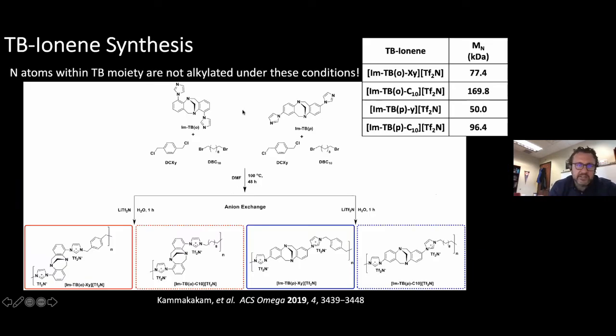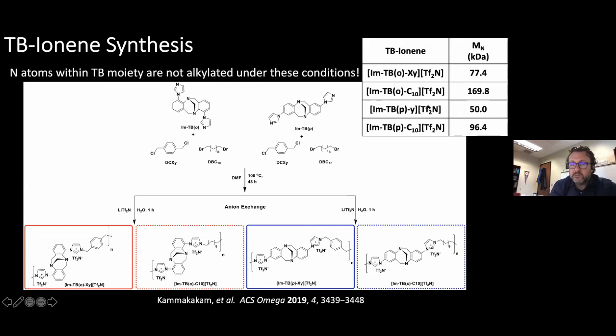And of course, for the ionene, then we can link these. So we chose the dichloroxylene as well as dibromodecane. So we have a more rigid linker and a more flexible linker, and we made 4 different materials. Some of them were even very high molecular weight. Here we see 77 kilodaltons and 170 for the ortho. So that worked quite well.